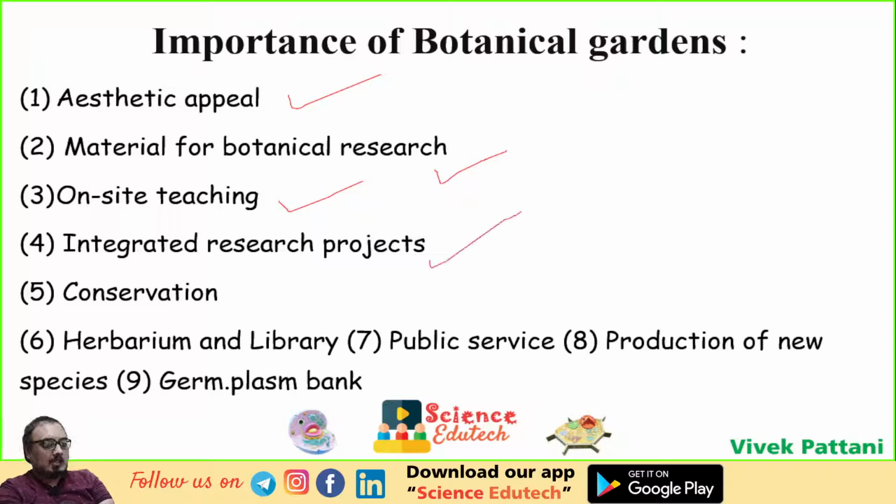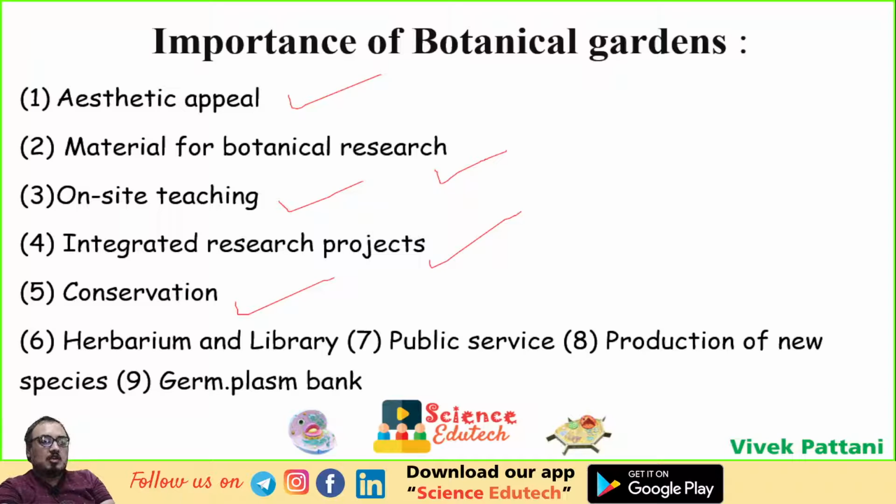Also, integrated research projects. Botanical gardens with rich living plants can support broad-based research projects which can integrate information from diverse fields such as anatomy, embryology, phytochemistry, cytology, physiology, as well as ecology. Next deals with conservation.